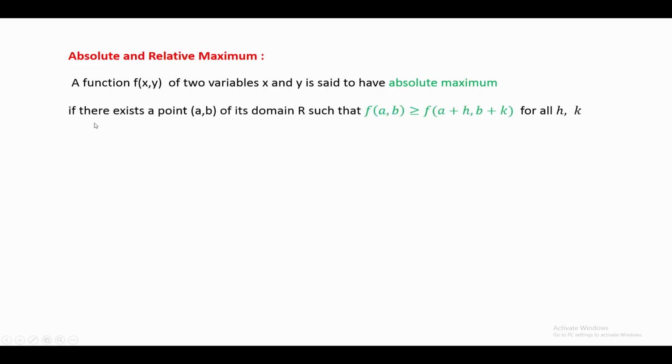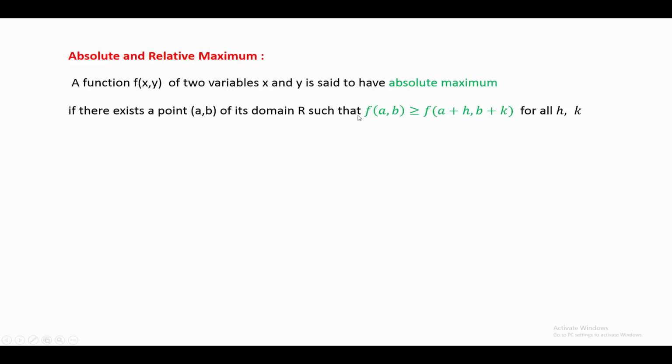First, definition of absolute and relative maximum. A function f(x,y) of two variables x and y is said to have absolute maximum if there exists a point (a,b) of its domain R such that f(a,b) is greater than or equal to f(a+h, b+k) for all h and k.